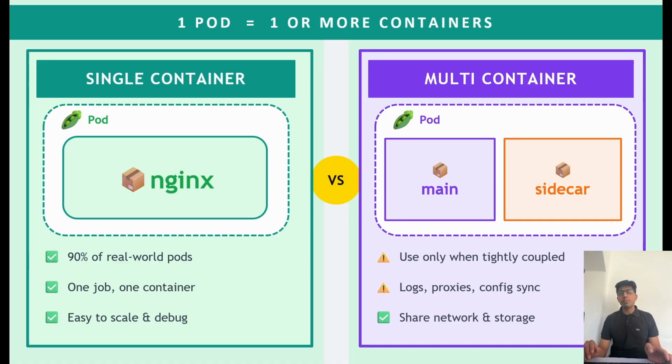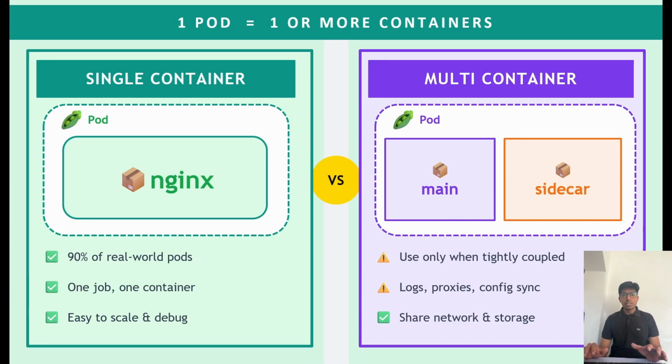Now, when do we need a multi-container pod? Let's say you have your main application and that application needs to collect some logs or maybe to handle some security. We use these containers beside the main container that share everything inside the pod. That's nothing but a sidecar container.